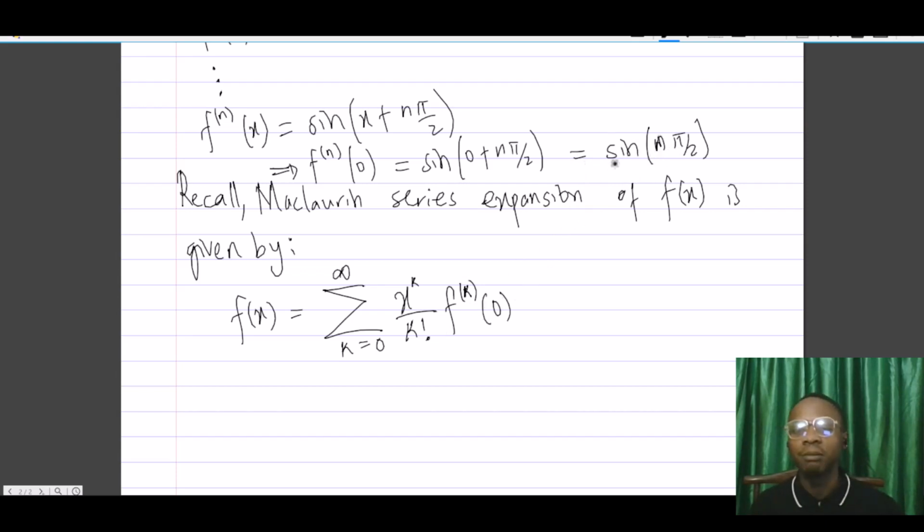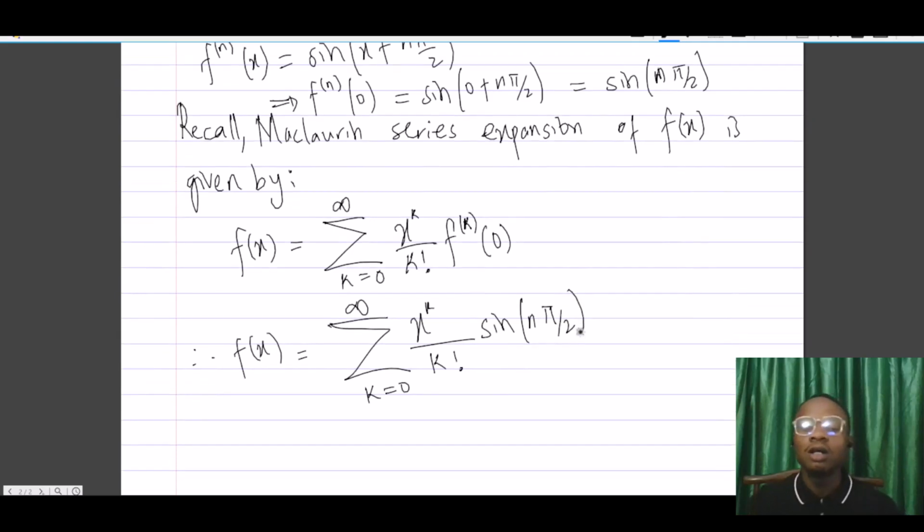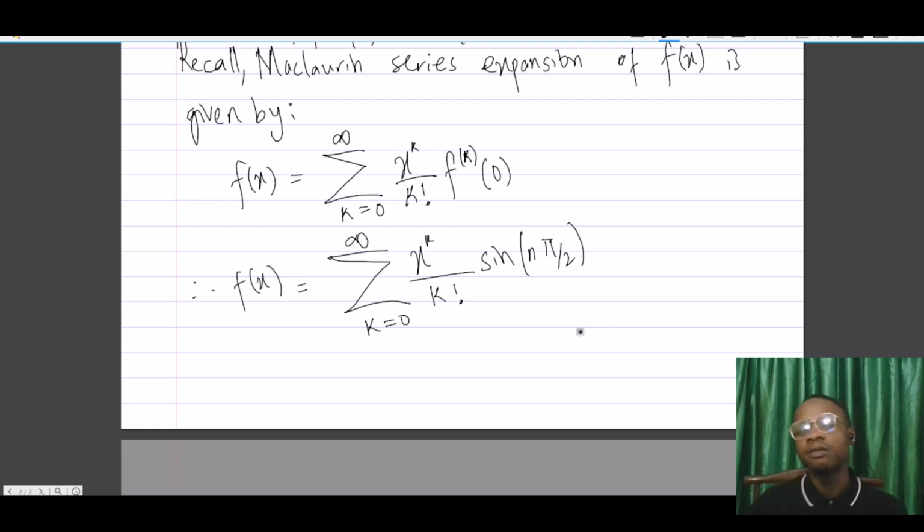Since we substituted 0 here, therefore for this particular case, our f of x will be equal to the summation from k equal to 0 to infinity of x to the power of k divided by k factorial, then multiplied by f of k, which is sine of k multiplied by pi over 2. So basically, this is what we have from this expansion.